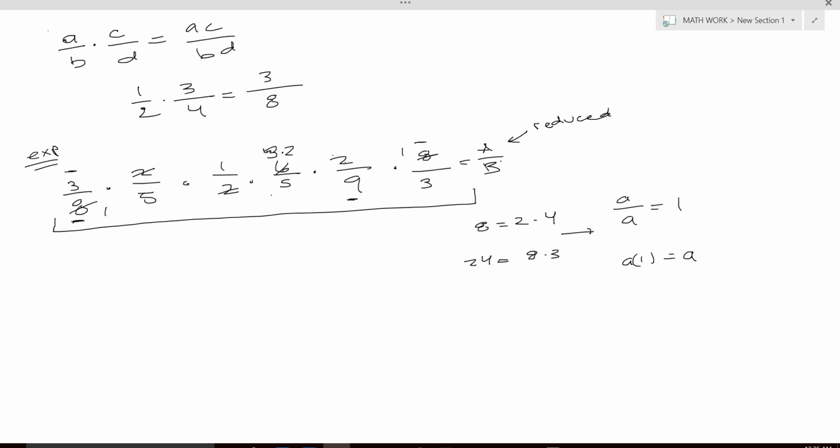6 equals 3 times 2. That's all I did. I simply wrote 6 in terms of factors, a factor of 3 times 2. Now, I can go ahead and cross cancel anywhere I want. I have 3 here, or I have 3 here. Doesn't matter. And I can break 9 into its factors, 3 times 3, and realize that here's a 3, and here's a 3.